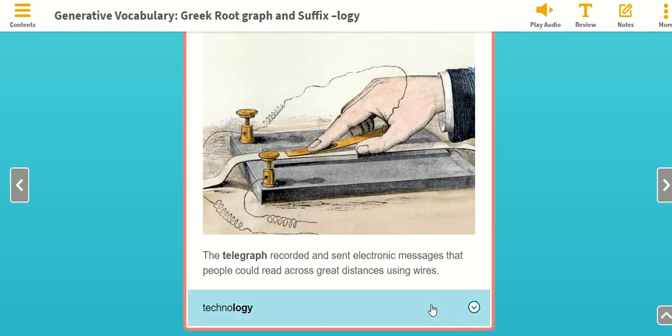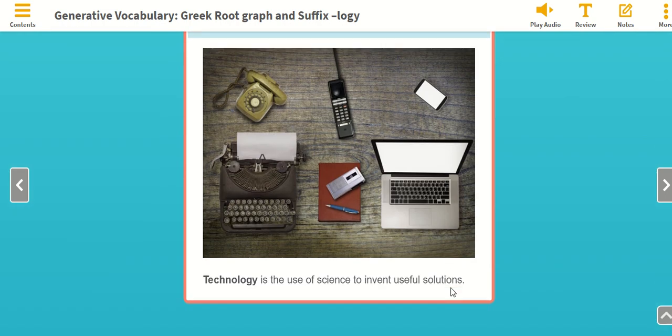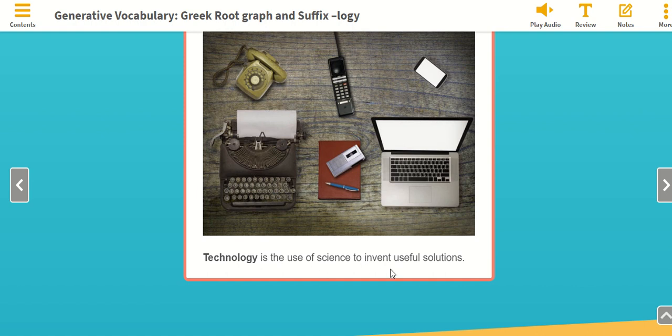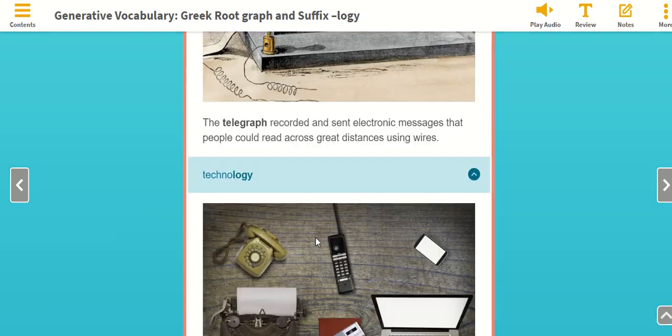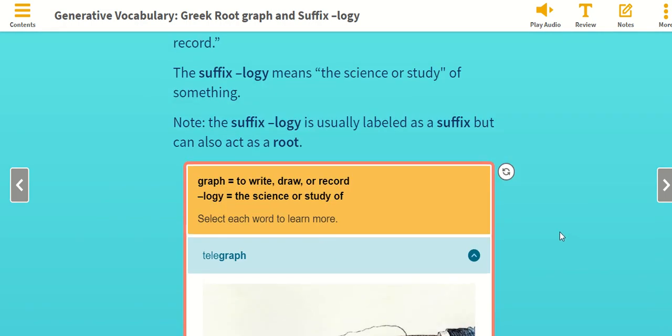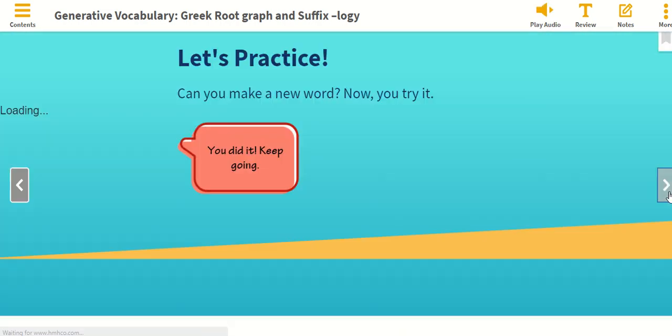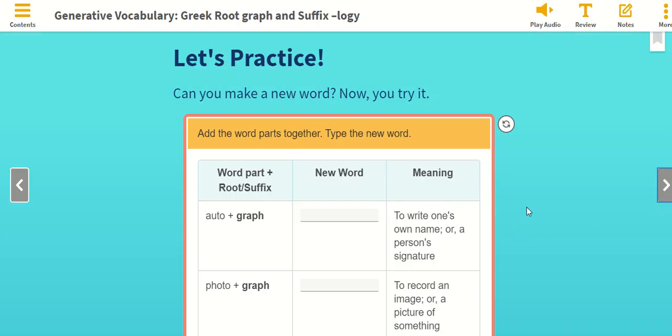Then we have technology. Technology is the use of science to invent useful solutions. Now let's practice. We're going to take a word part plus a root or a suffix. We have auto, which means on your own, and graph means to write or record.